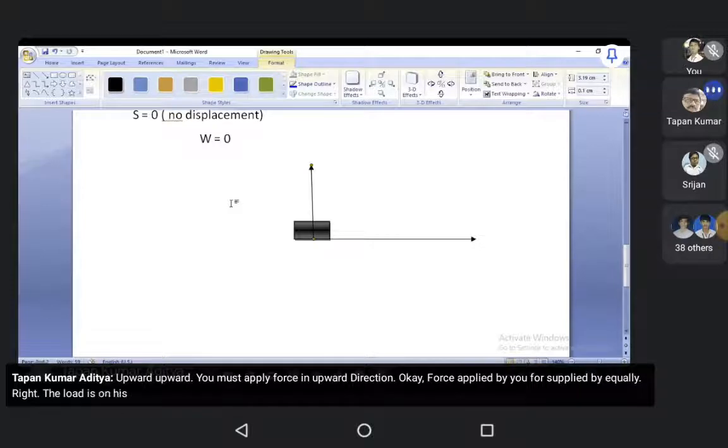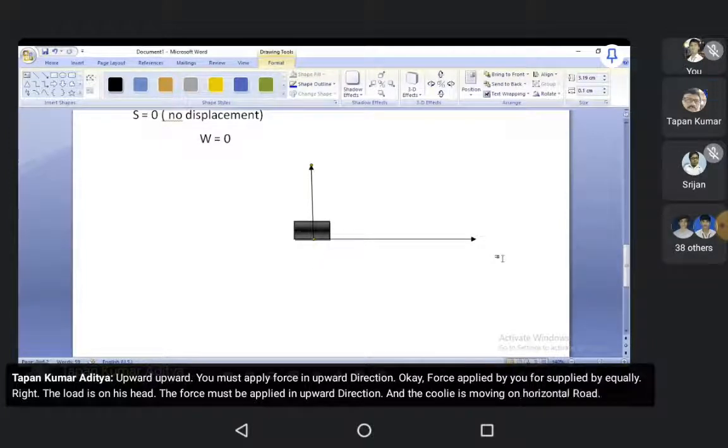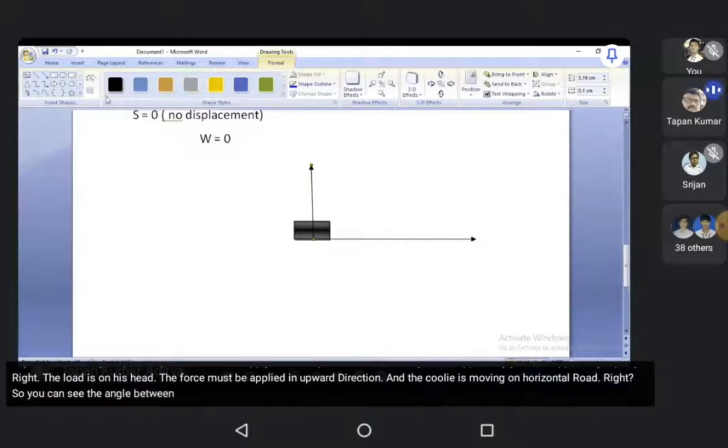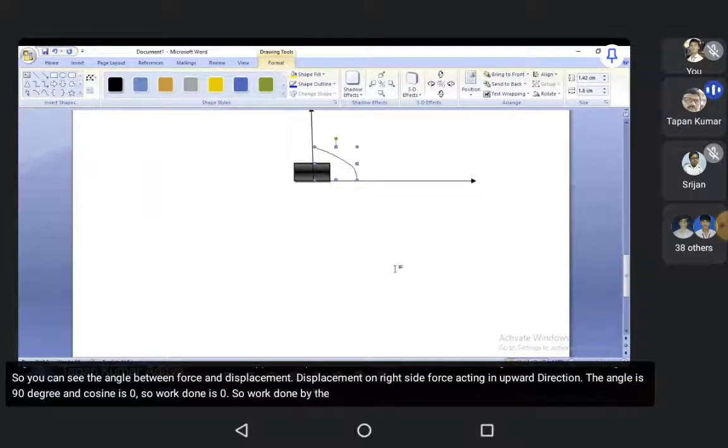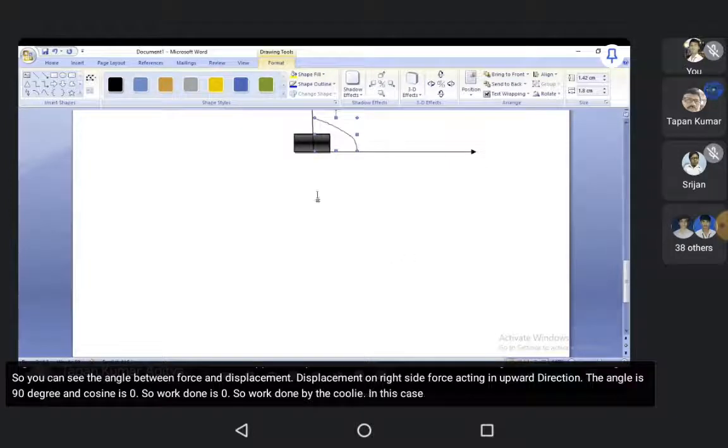The load is on his head, the force must be applied in upward direction, and the porter is moving on a horizontal road. So you can see the angle between force and displacement. Displacement on right side, force acting in upward direction. The angle is 90 degrees and cos 90 is 0, so work done is 0. So work done by the porter in this case is 0.